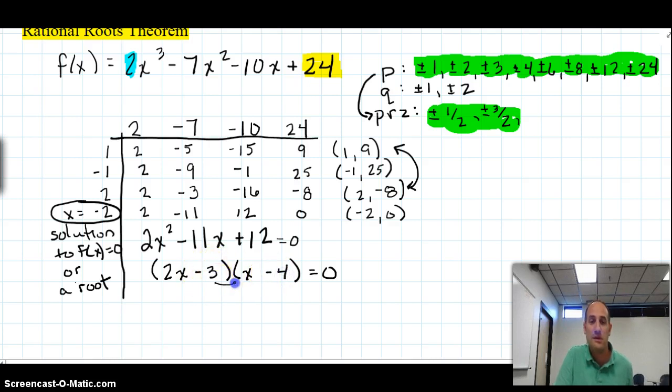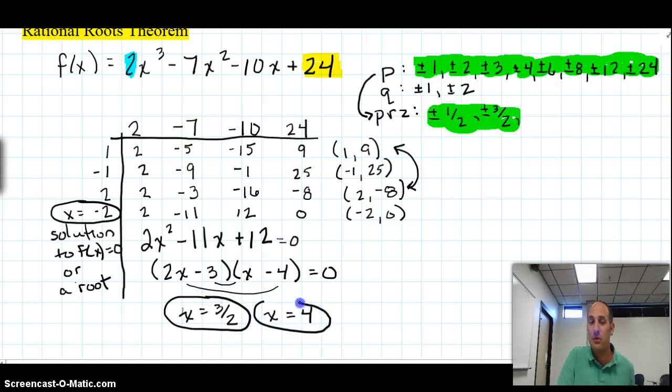And the reason that works, that's -3, that's -8, so altogether it gives us the -11. If you solve each of these two pieces separately using that zero product property, you're going to end up with x equals 3/2 and x equals 4. So my three solutions for this cubic equation are -2, 3/2 or 1.5, and 4.